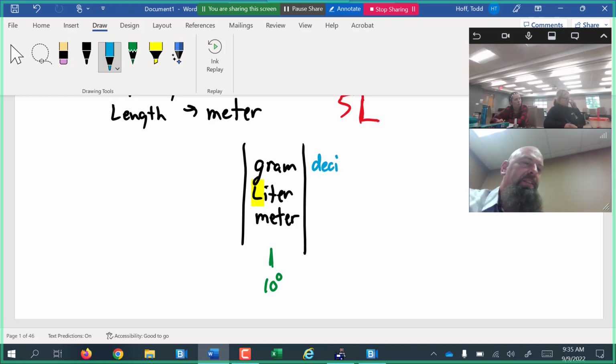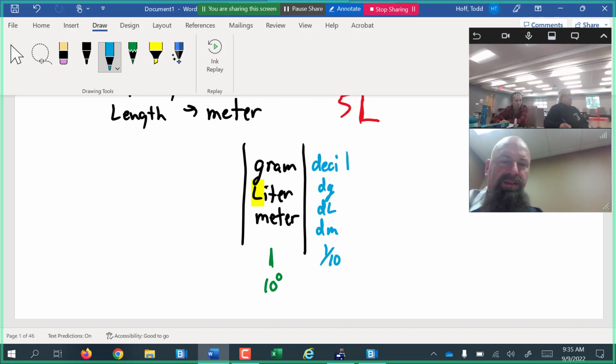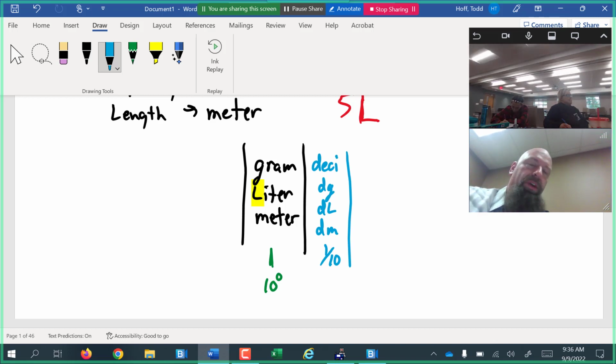So we would have a decigram, abbreviated DG, a deciliter, abbreviated DL, or a decimeter, abbreviated DM, which was 1/10 of the main unit. So that deci prefix means 1/10 of. So a decigram is 1/10 of a gram.